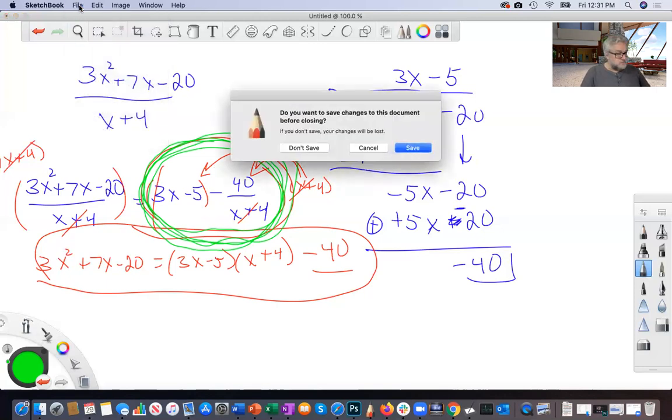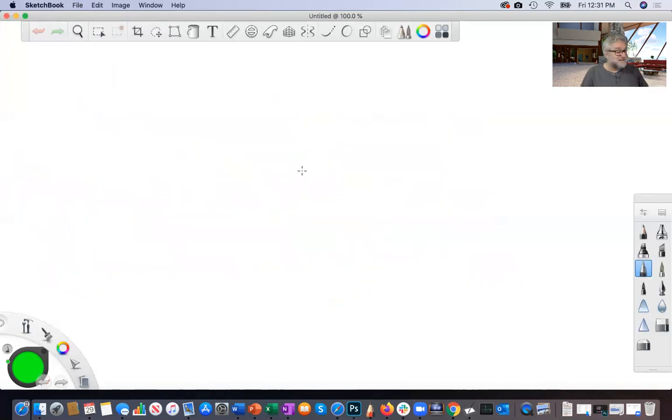Let's go to a new one. Let's show you a new way, because this way is kind of long, actually. We're going to do this. 2x cubed. Let me use a different color because we can't really see that very well. There we go, a little dark green action.